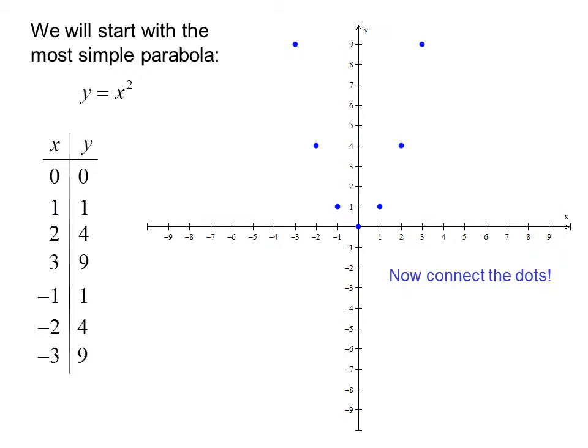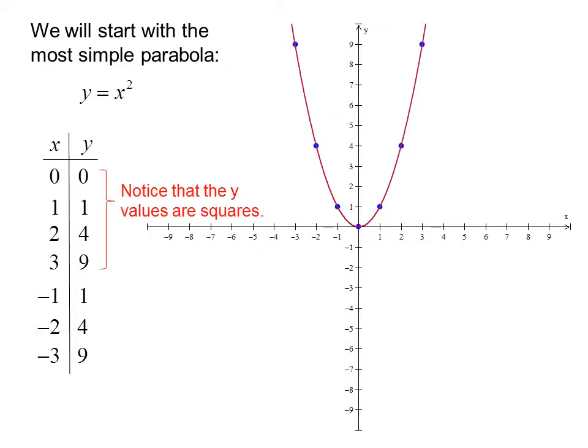Now connect the dots. And there's our parabola. Notice that the y values are squares. 0 squared is 0, 1 squared is 1, 2 squared is 4, 3 squared is 9.